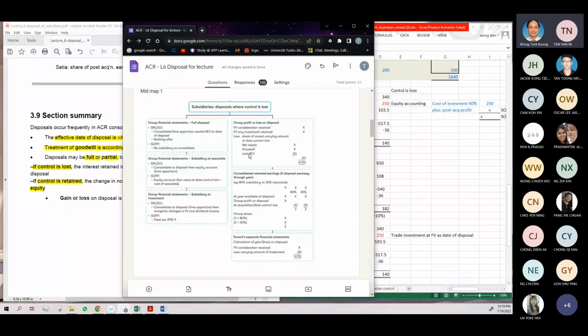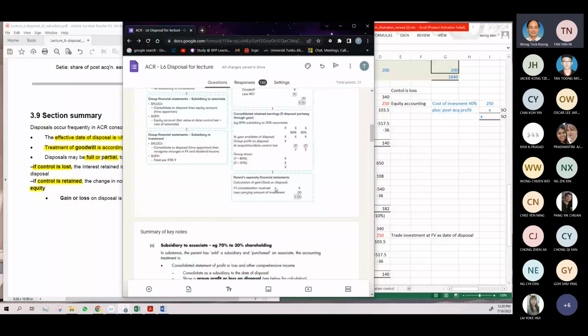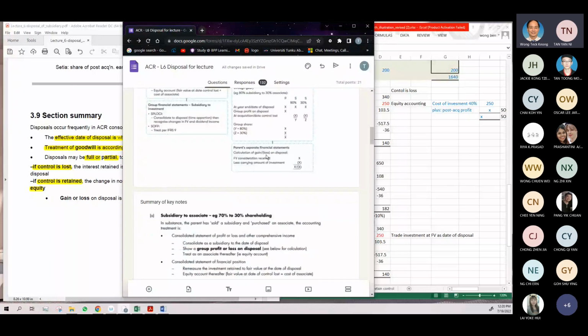So here you will less NCI, you can just add NCI on top, easier. I follow the goodwill method format, easier. Okay, so you won't be confused. So when you do group retained earnings, you see before and after disposal, the subsidiary, the S. Okay. So this is the parent book, easier. Money you receive on disposal and the carrying amount of investment at parent books.